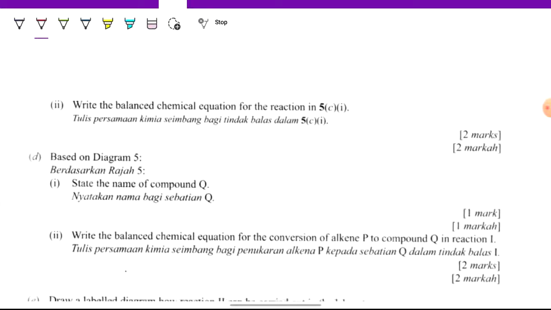Okay, write the balanced chemical equation for the reaction. So butene, C4H8, reacts with bromine, so it will form 1,2-dibromobutane, C4H8Br2. Okay, so that's why it turns colorless.